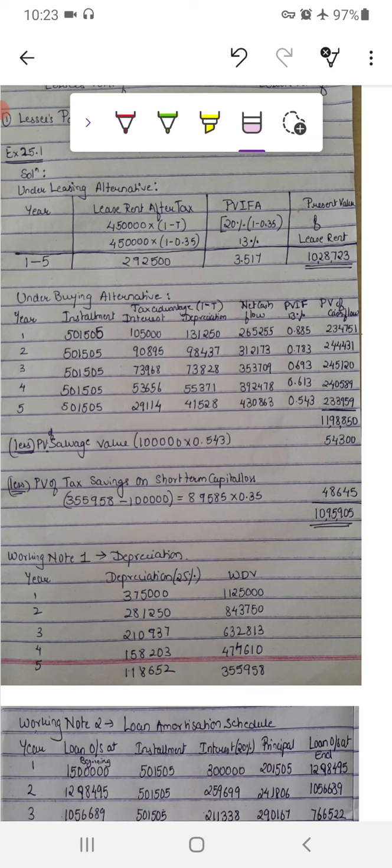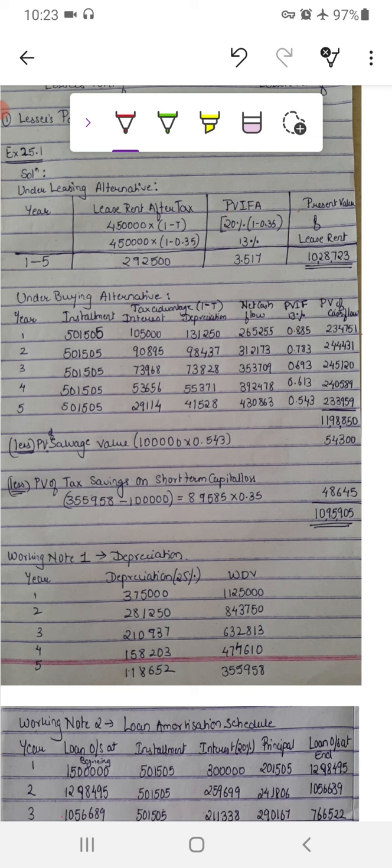So go to the table, present value interest factor table for rupee 1. In that you have to consider 13%. Now why 13%? Because you have considered here cost of capital after tax. So here also you have to consider cost of capital after tax, that is 20% into 1 minus 0.35. So 20% into 1 minus 0.35 gives you 13%. So you have to find out the factors at 13%.